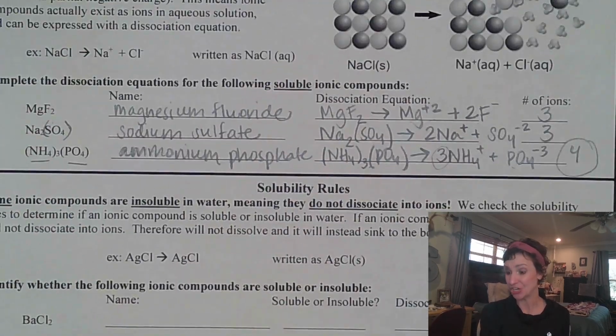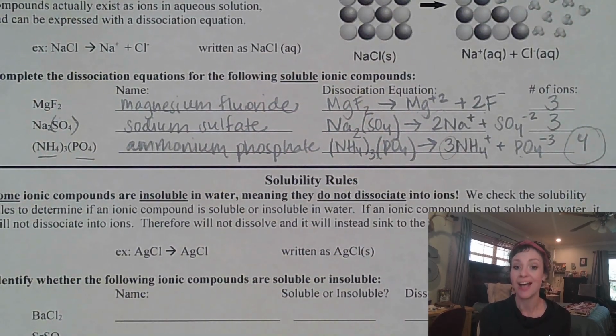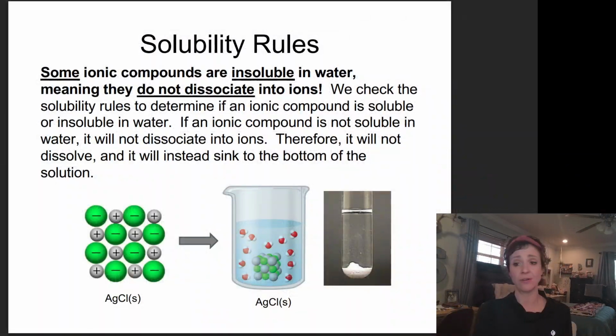It basically just shows what is going on when I take any one of these soluble ionic compounds and put them into water, okay? So now this begs the question: do all ionic compounds do this? I don't know. Let's see. Well, some ionic compounds are insoluble in water. You're like, what? They don't dissociate into ions.